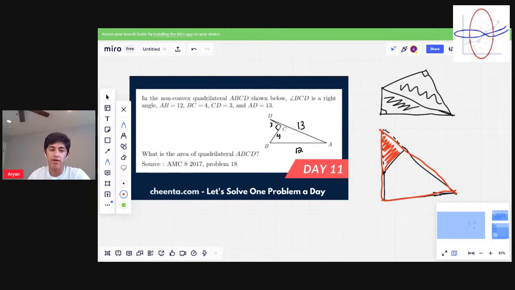Now looking at the diagram that they give us in the problem, we see our first strategy doesn't really help because there aren't any obvious ways to split it up into areas that we know how to find.